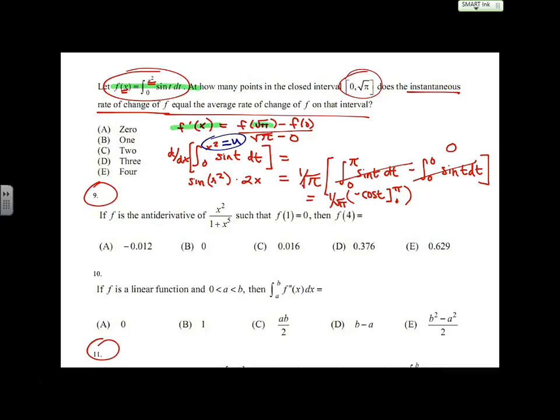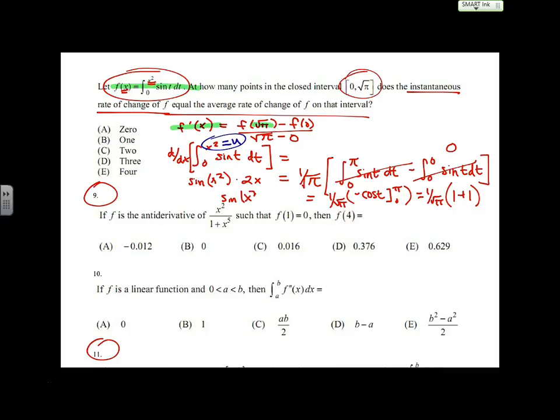What's that end up equal? We have to plug in pi. Cosine of pi is negative 1, and negative of negative 1 is positive 1. Minus, now we have to plug in 0. Cosine of 0 is 1, minus a negative 1. 1 plus 1. So we have 2 over root pi equals the yuckiness over here.